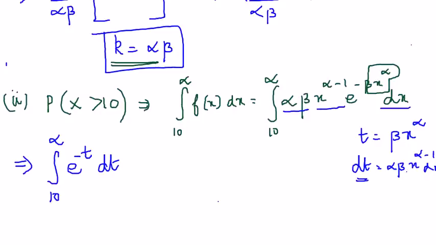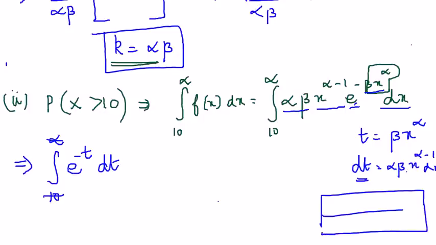And of course this becomes e power minus t, right? And now these limits we can't write here, so we have to know what the limits are. So let's write it down for x and t. What is the value of t when x is 10, and what is the value of t when x is infinity?